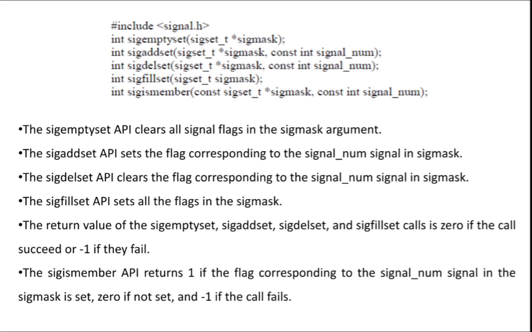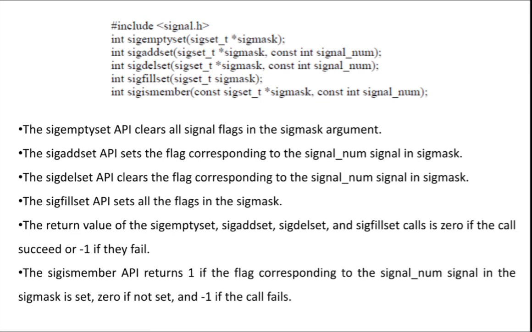The sigemptyset API clears all signal flags in the signal mask argument. That means if you want to delete all the signal related data in the mask, you can do that using the sigemptyset API. What is the argument I am giving? sigmask, because I want to delete all the details related to signals present in the sigmask.